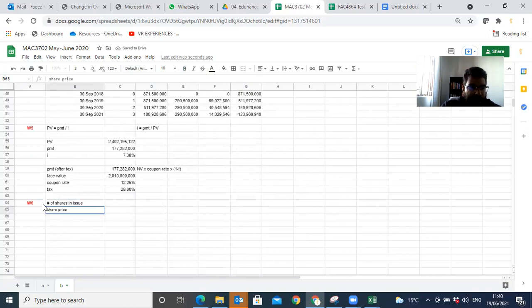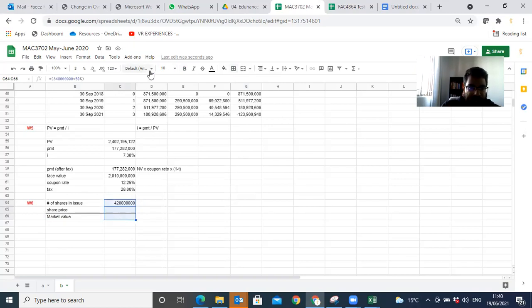And that will give me market value of ordinary share capital. So number of shares in issue, they're telling me authorized is 840 million, times 50%. So that tells me the number that I have.